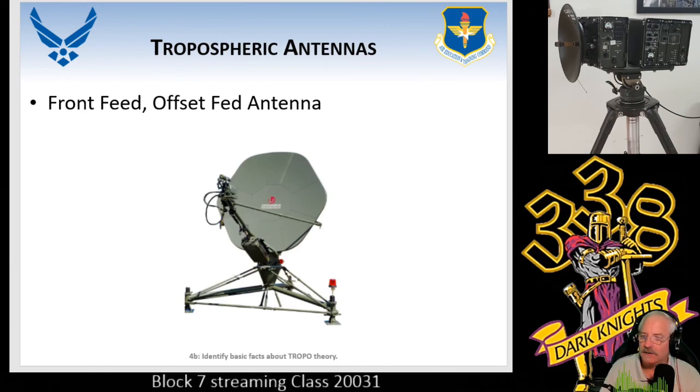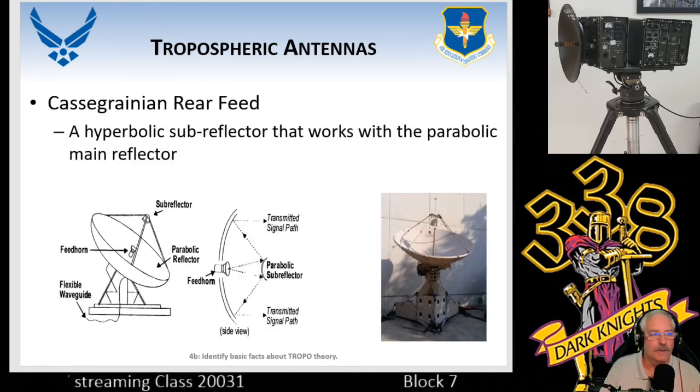Now you guys, when you come into Jones Hall for your labs, you'll be able to see off to the side the particular antennas that Block 9 is going to be using. This is an offset. We also have something called a Cassegrainian. I wanted you to take particular attention: the antenna is on the back of the dish.